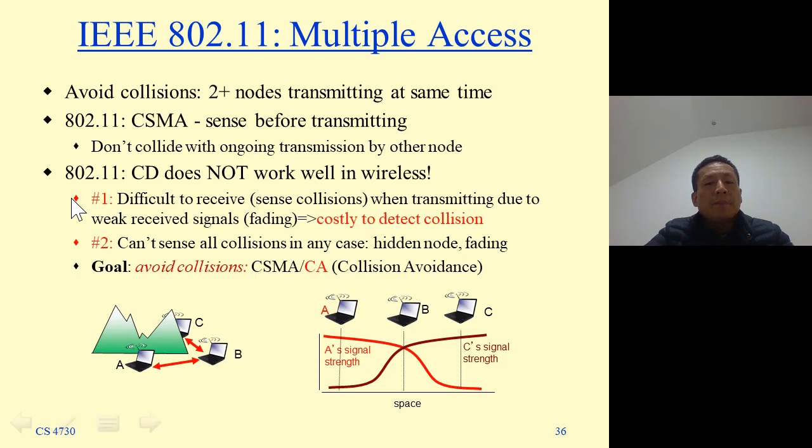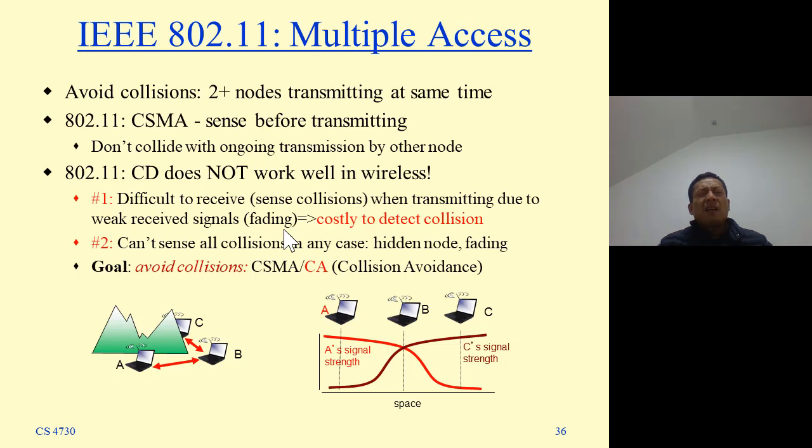There are two reasons. The first reason is that it is very difficult to receive while transmitting, due to weak received signals or fading. As you know, for wireless it's very costly to detect collisions because it's very difficult to receive while transmitting.